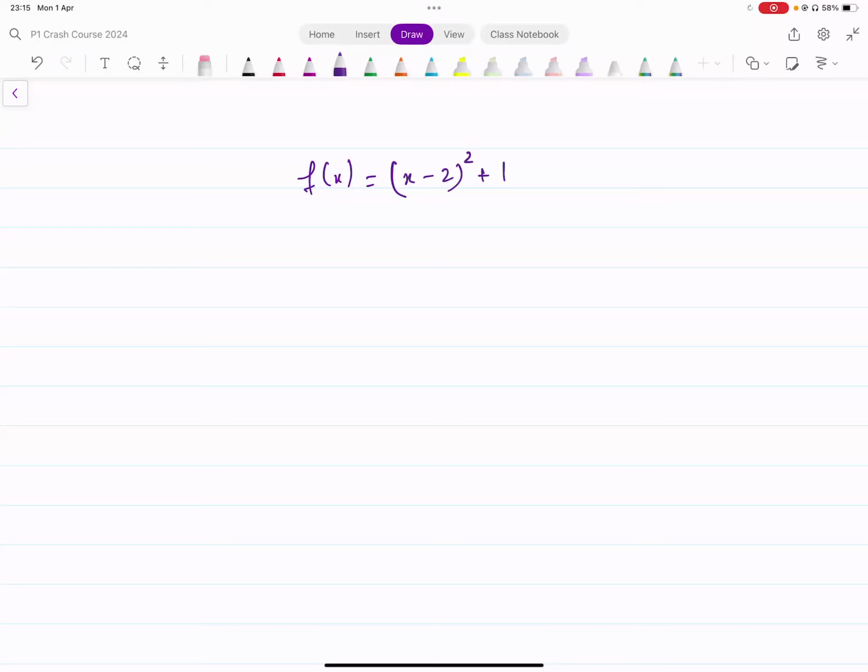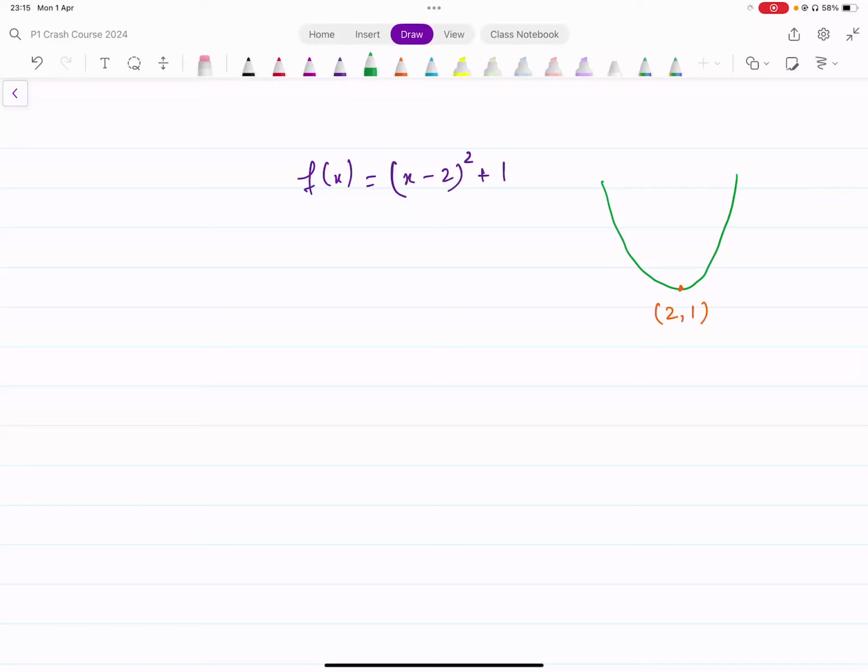What does this quadratic function look like? It's a U-shaped graph, so it's going to look like this. Now, since this is the shape of the graph, what's the turning point? The turning point of this graph is going to be (2, 1).